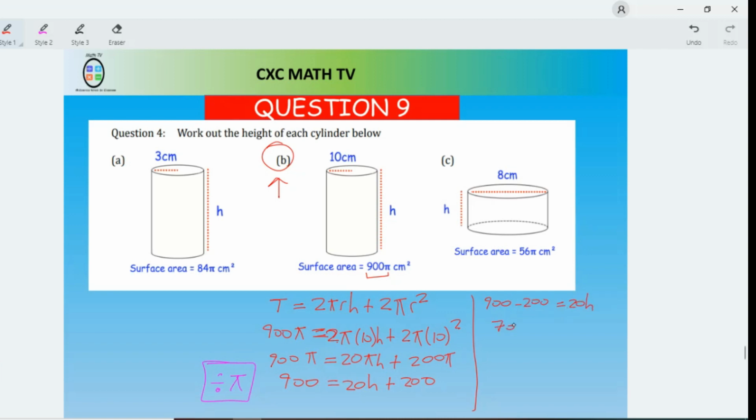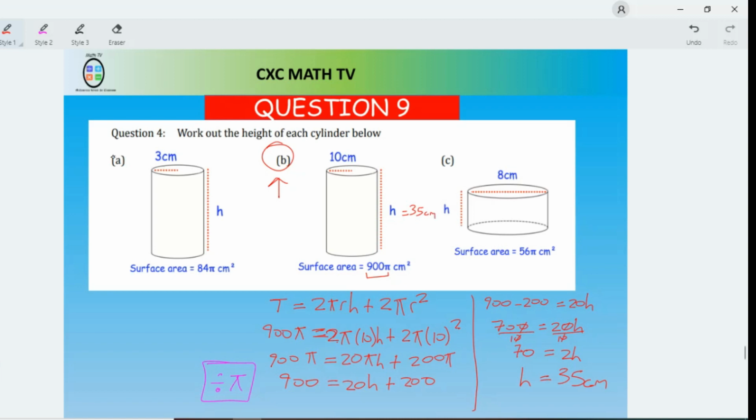Then this is 700 equals 20h. Then that is saying 70 equals 2h. I divided both sides by 10, so the zeros cancel. Then I divide by 2 to get h is 35 centimeters. So the height is just 35 centimeters.